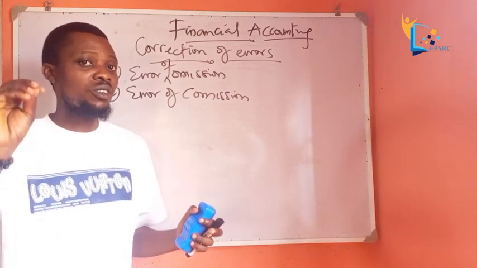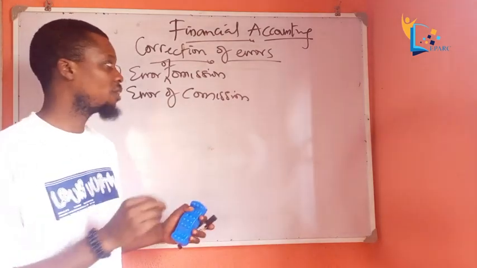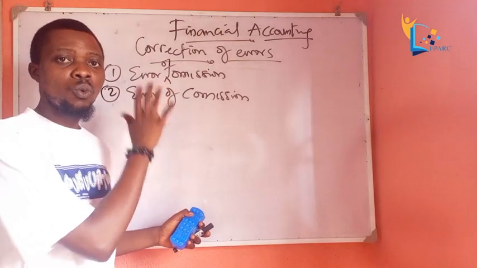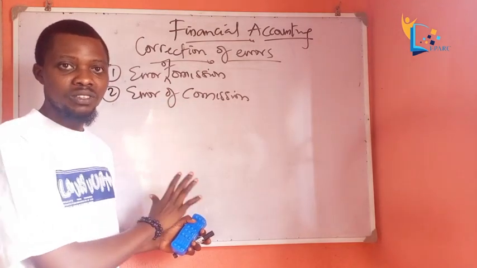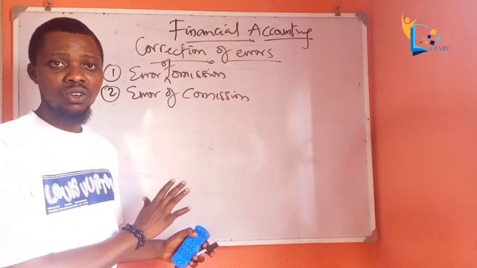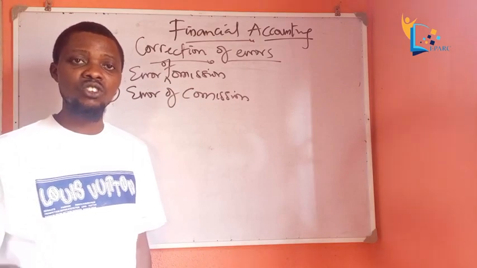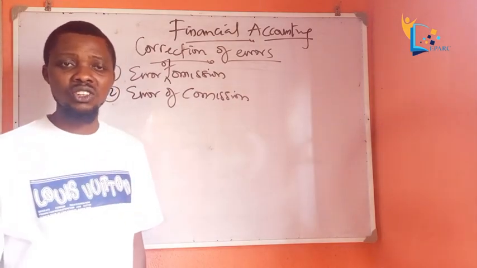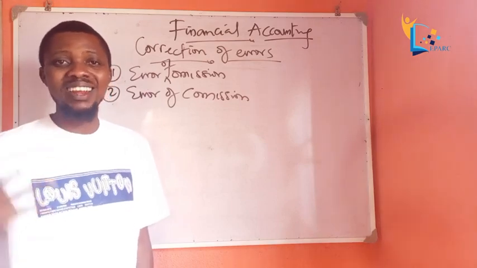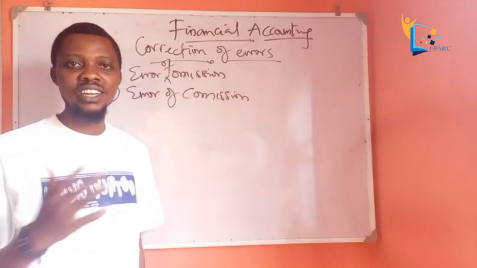It will help you know what we're talking about here pertaining to correction of errors. You need to know what we mean by classification of accounts for you to understand errors.